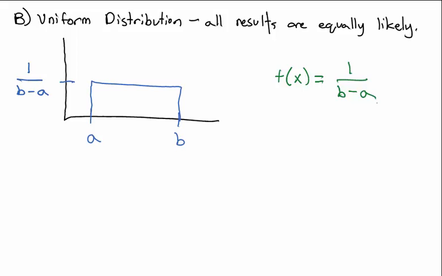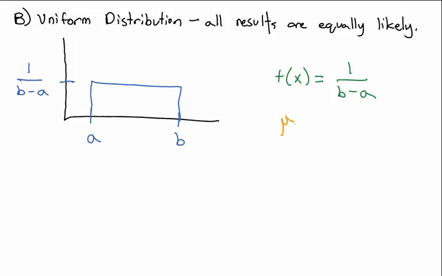And that makes sense, because if we find the entire area, the distance from A to B is B minus A, that's the base, times the height, 1 over B minus A. Those divide out, and it has an area of 1. All probability density functions must have an area of 1.